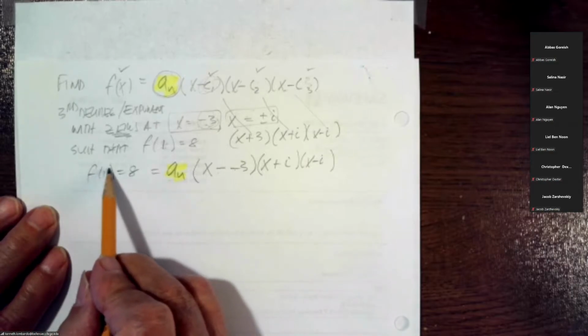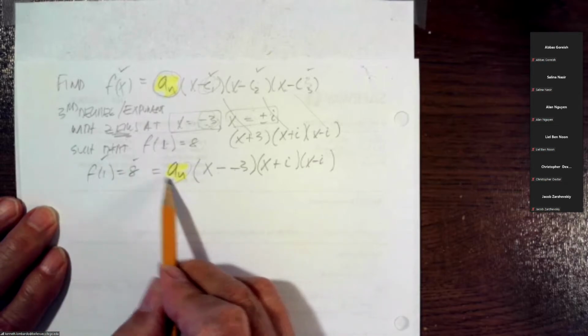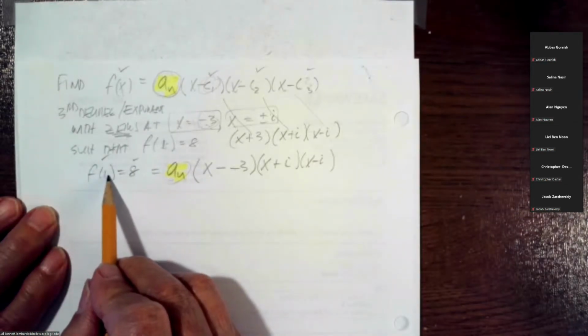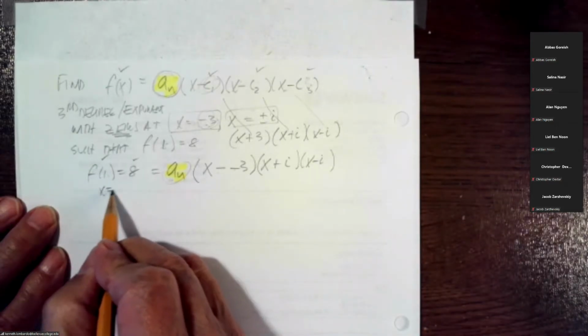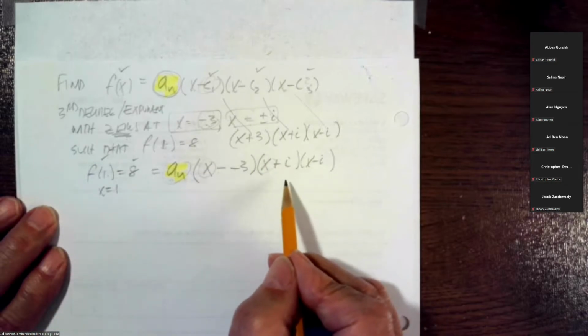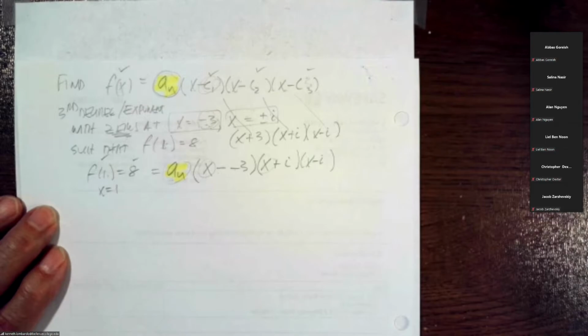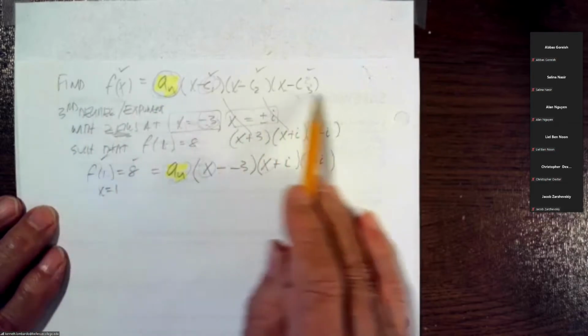So let's see, we've got this value, and we know we're looking for this. We know that f evaluated at 1, well, that's x equals 1, isn't it? So that's what goes in these values here. The problem is listed such that we're trying to find this leading coefficient, and we fill in all the other values.